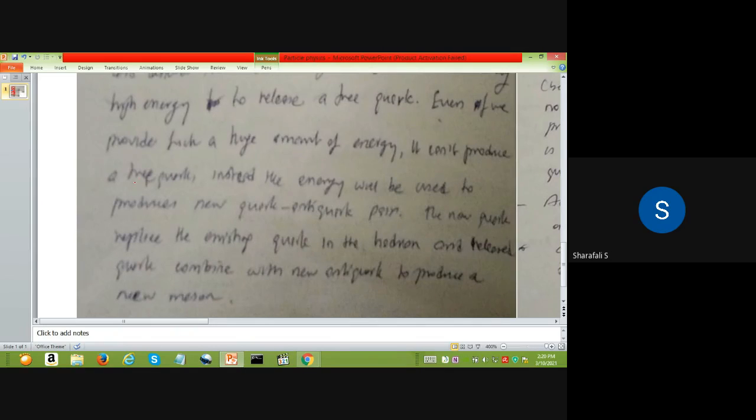Instead, the energy will be used to produce a new quark anti-quark pair, and the new quark replaces the existing quark in the hadron, and the released quark combines with the new anti-quark to produce a new meson. So a new meson will be produced. I will just show it in a figure.